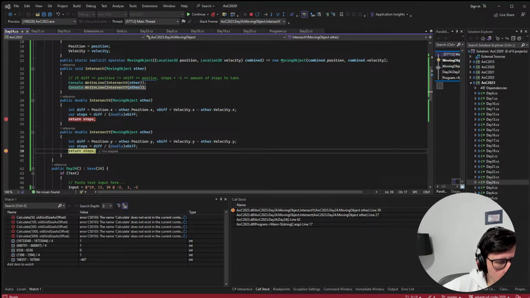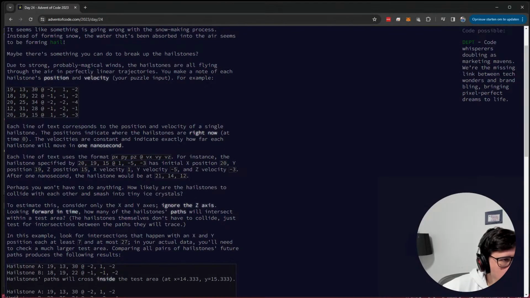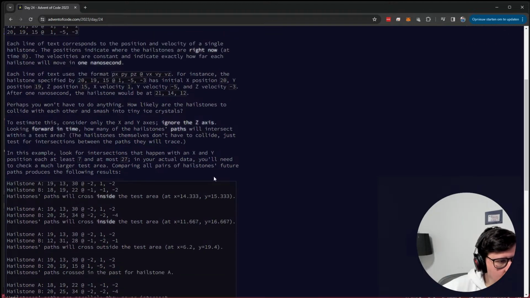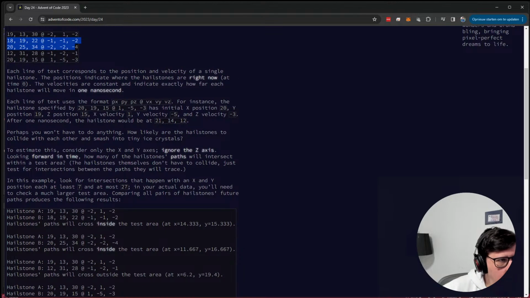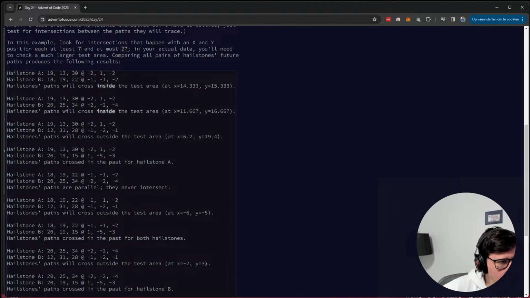Did I get the correct ones? These two. I can clearly see X will intersect because this one is above it but will go down faster. So these will meet, and this one as well. Why does it say it will never intersect? Am I crazy? 18, 19 and 20, 25.